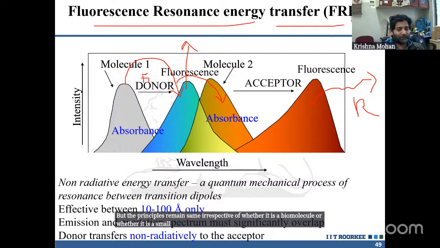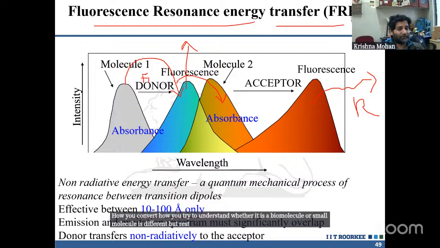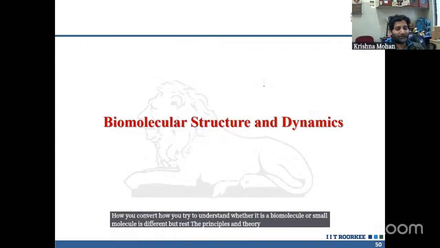Your absorbance is going to be the same, your emission is going to be the same, your stretching or bending is going to be the same. But how you interpret the results, how you try to understand whether it is a biomolecule or small molecule is different. But the principles and theory are going to be the same.